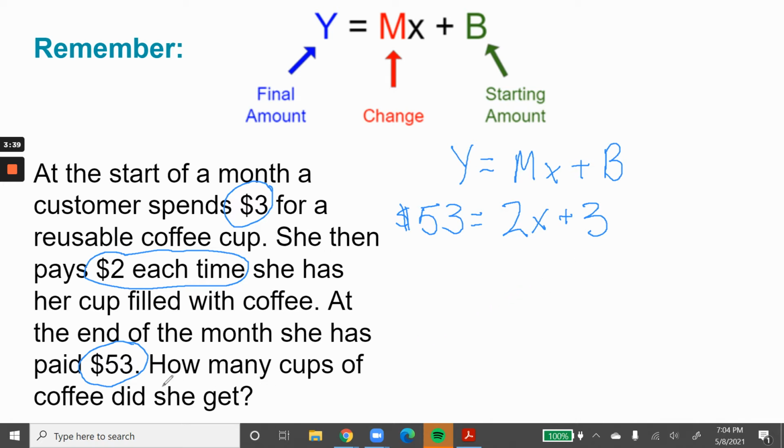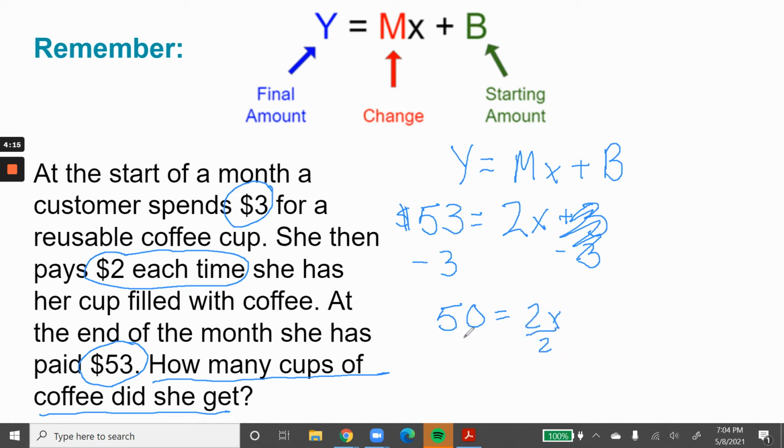But now we want to use this to figure out, if she paid $53, how many cups of coffee did she get? And we can solve this equation just like we've solved two-step equations last unit. We want to get 2x by itself, so our first step is to subtract 3 on both sides. 53 minus 3 is 50, equals 3 minus 3 is 0, so we just have 2x.